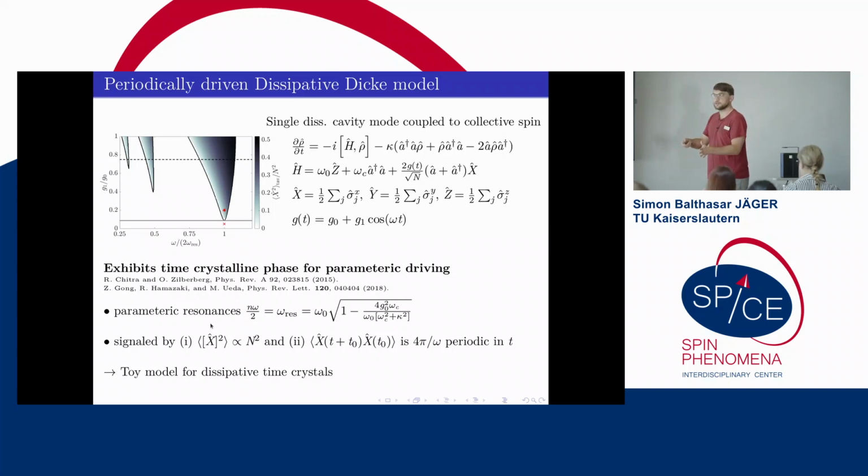So it's a subharmonic. And then in the second term over here, n is actually equal to 2, and then it's not subharmonic. So this one, according to this definition, would be a time crystal. This would not be a time crystal just because it's a higher parametric resonance. This would be a time crystal again, and so on. So it's just basically understood in these simple terms of parametric resonances. And this is, in fact, I would say the most simple toy model for these dissipative Dicke time crystals.